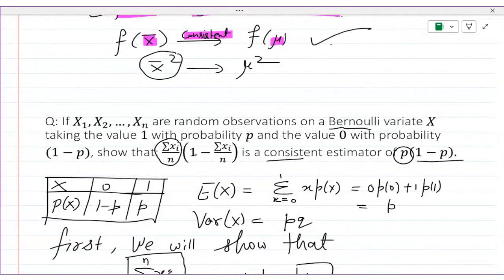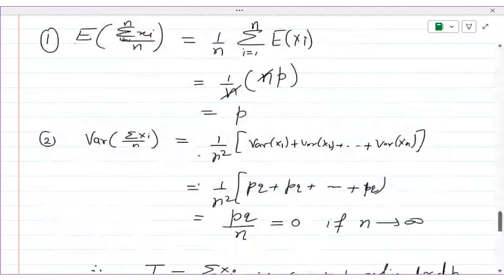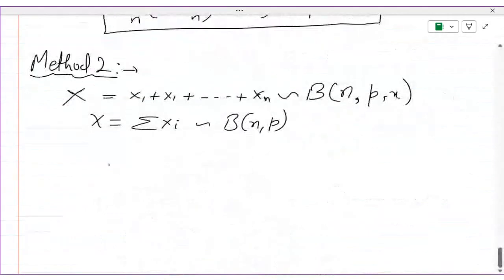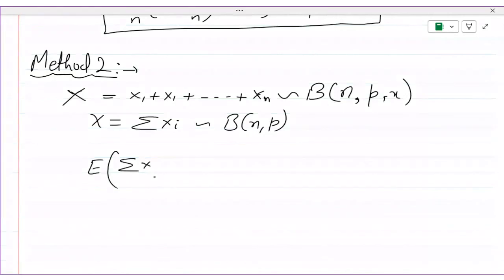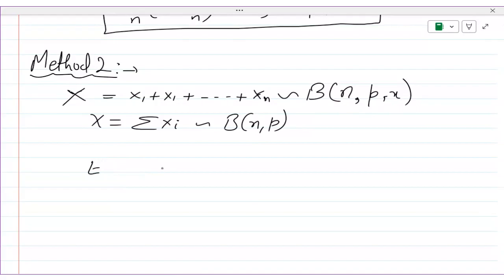We will get the expectation of this sum of Xi. That I am calling capital X. So instead of capital X, let us call it T, because capital X they are using for the Bernoulli distribution. So I am calling this T.